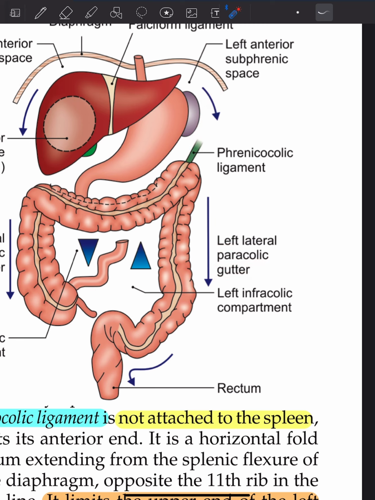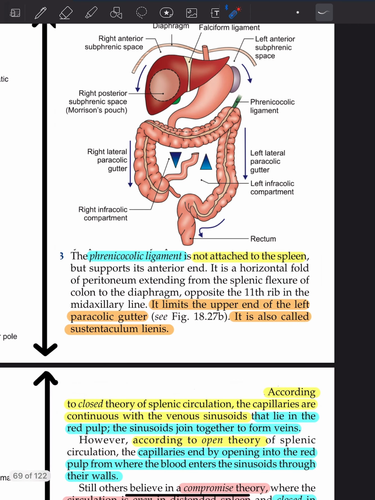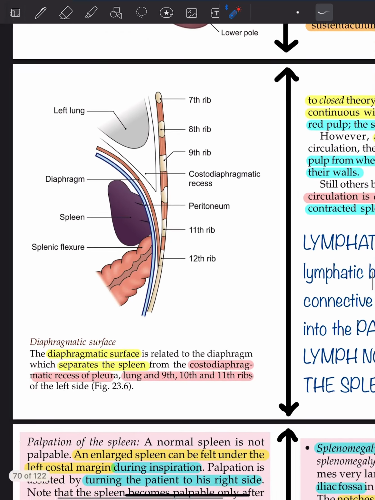So if there is an enlargement of the spleen, it will not go to this area. Why? Because there is this ligament. Rather, it goes to the right iliac fossa here, right? Please remember its other name too. The phrenicocolic ligament is also known as sustentaculum lienis, right?